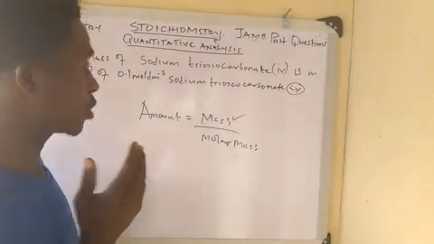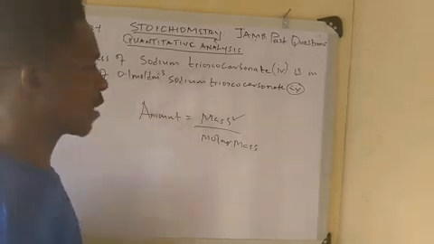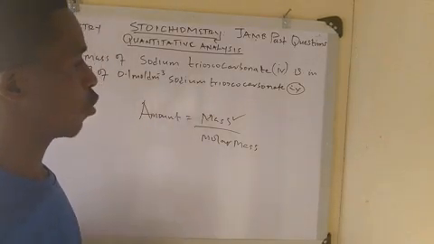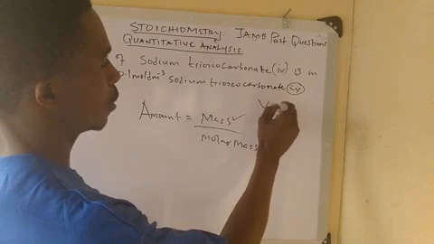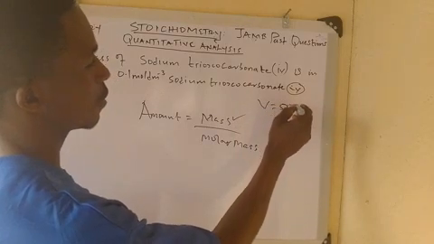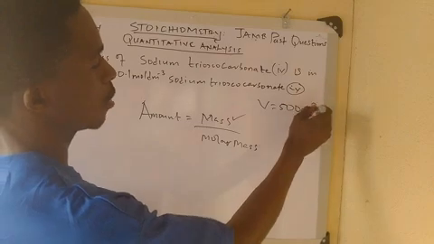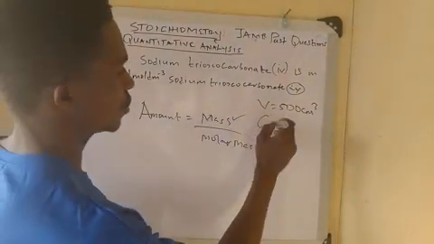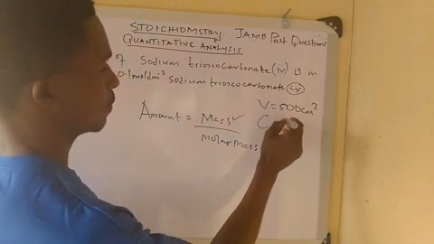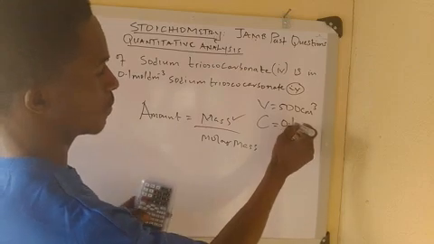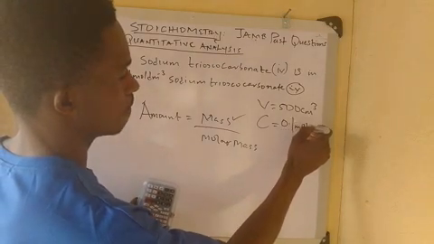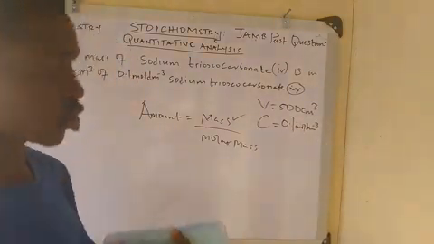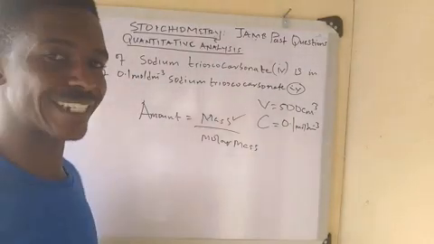You must have the amount and the molar mass to calculate the mass. But if you look at the data that we have here, we have volume, which is equal to 500 cm³. Then we have concentration, which is C, to be 0.1 mole per dm³.